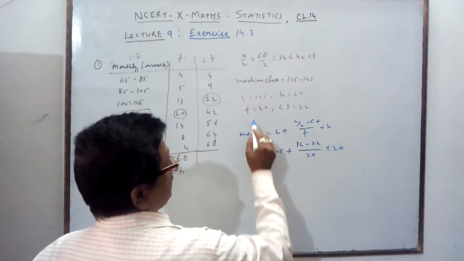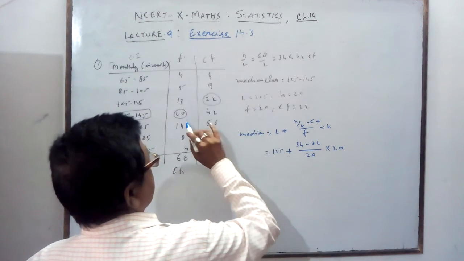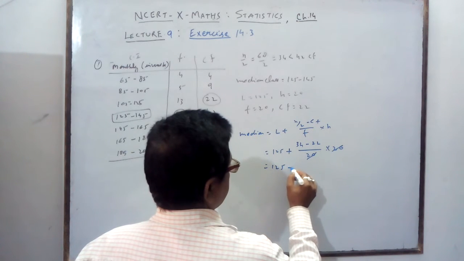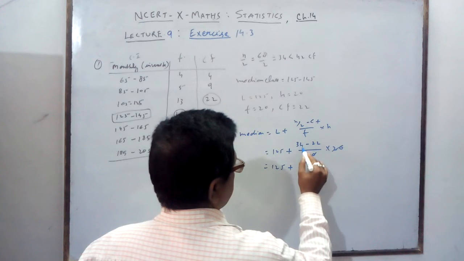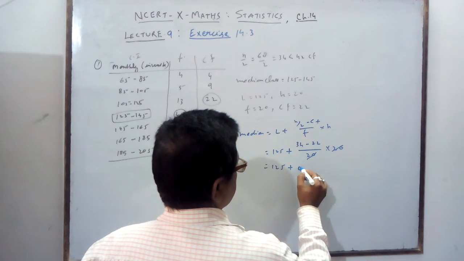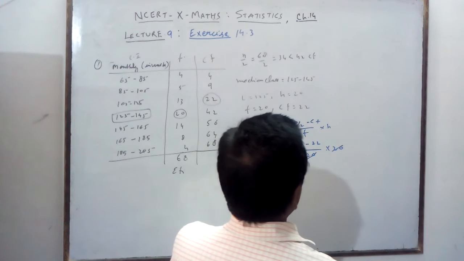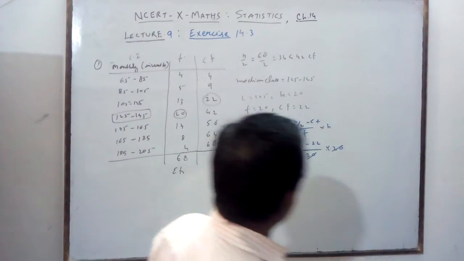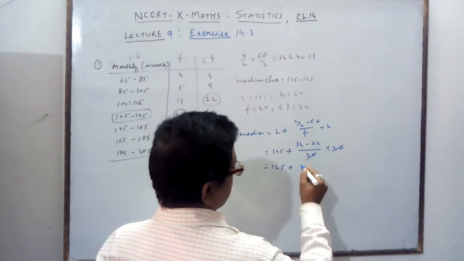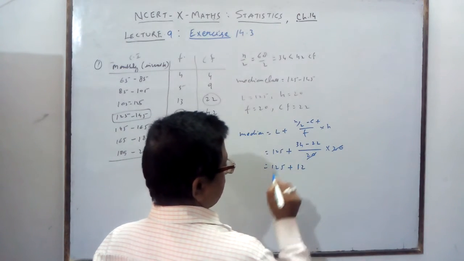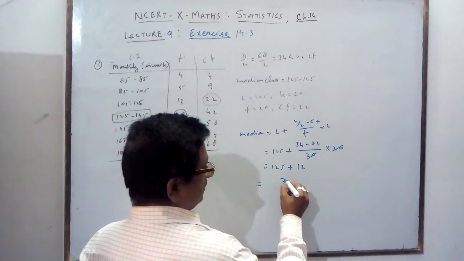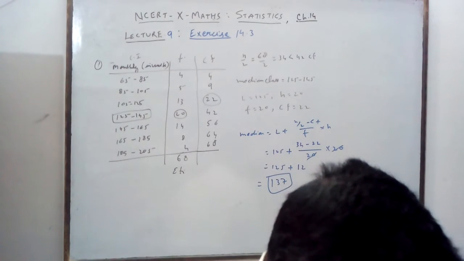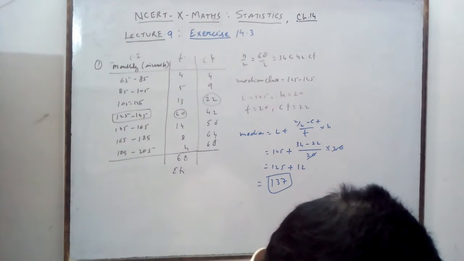Frequency and class size are both equal, so you get 125 plus 12, which is 137. So 137 is the median of this.